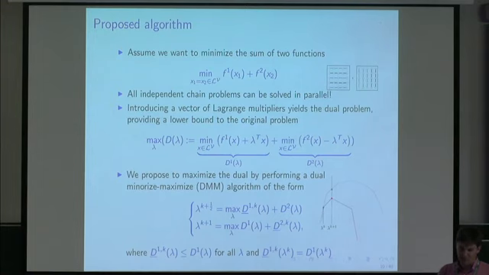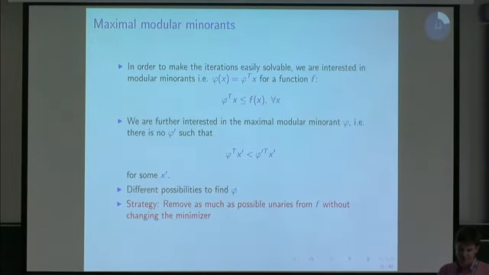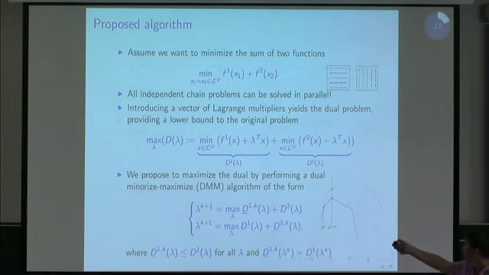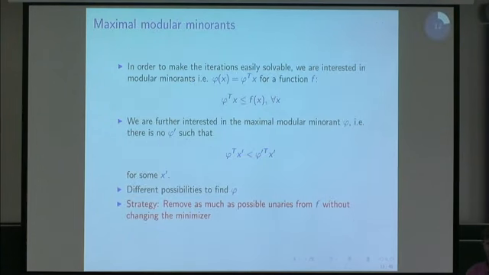So the question is, what are useful minorants? And I already mentioned before, if you have only unary terms, this does not cause any problems. So therefore, the idea is we try to approximate this function, for example here d1, with this minorant d underbar, with a unary function. So it means we try to find a unary function that is below the original function, because the unary terms can be easily taken over to the other function such that they can be optimized jointly.